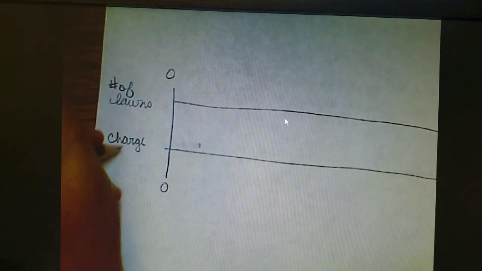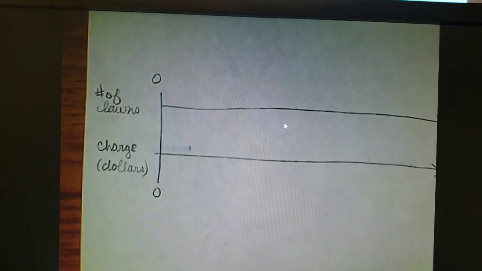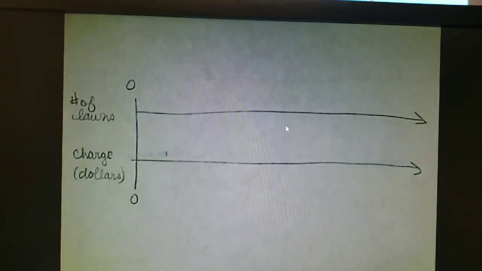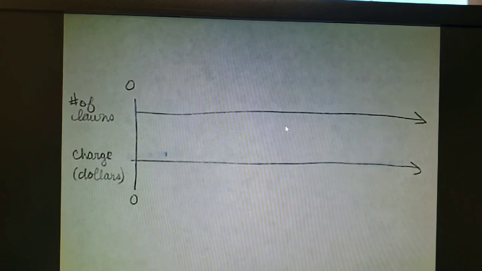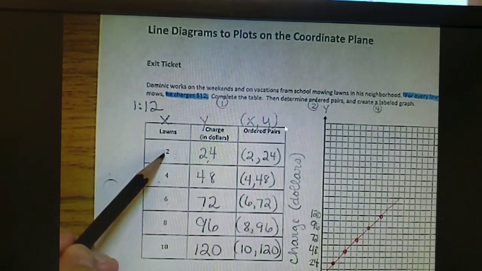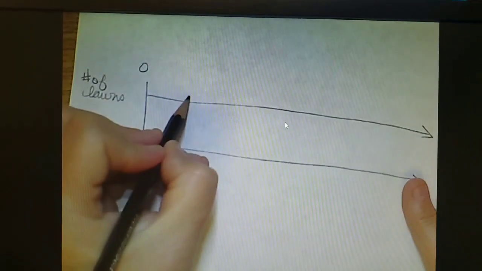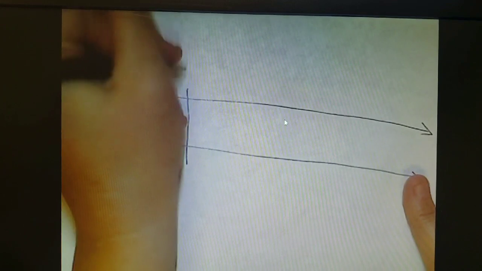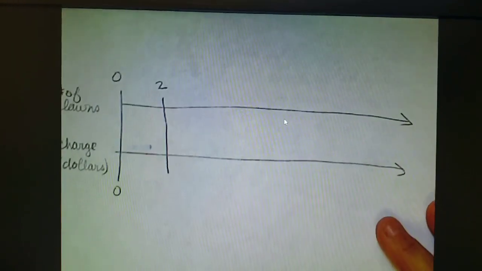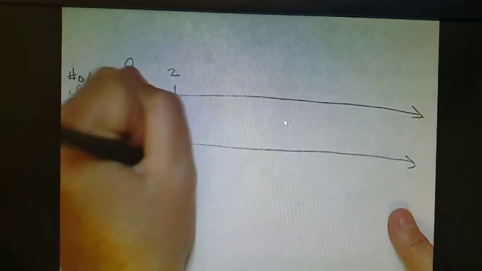So charge, you can do cost, whatever works, but make sure we put that dollars so we know that we're not charging in pennies or nickels or dimes. Okay, so there's our double number line original setup, and then all you would basically do is put these on here correctly. Okay, so for every 2 lawns that he mows, he makes $24.